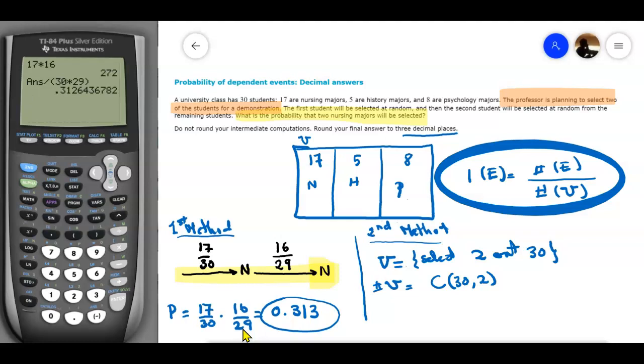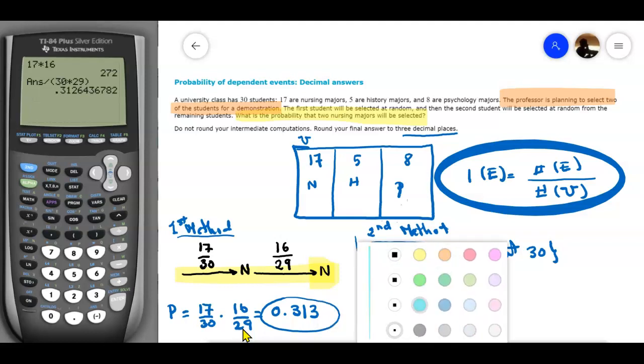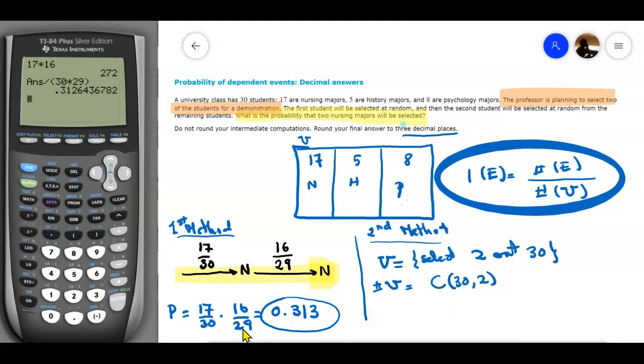Now I'm going to go again to my event E and highlight it one more time. So let's see the event E. Again, the event E is this question over here: what will be the probability of selecting 2 nursing majors? So my event E is to select 2 nurses, right? 2 out of how many? 17 nurses.